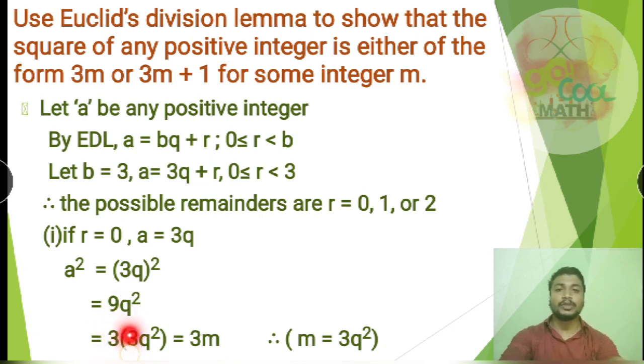This bracket part is considered as m. Therefore, it becomes 3m, where 3q square is m. Therefore, the square of a positive integer is of the form 3m. So we have proved the first one. We'll see the next one.